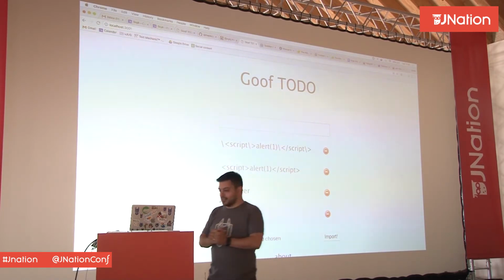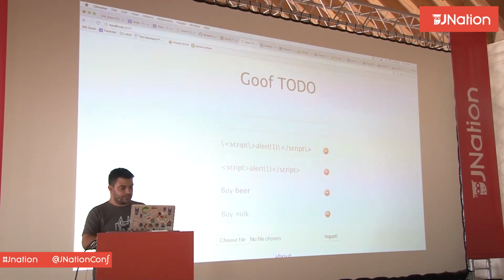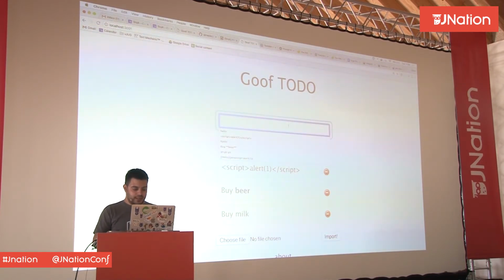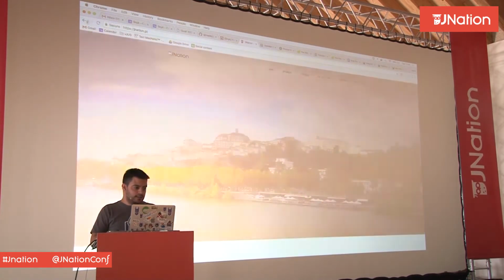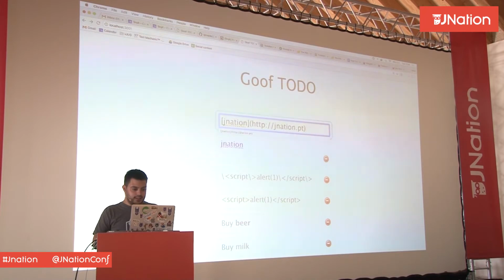A link? It's a good idea. So if we put a link, so if we say JNation like this, what's the URL again? Is it jnation.pt, right? So a link like this, that if I click, okay. So let's do that again. Instead of this URL, we put some JavaScript.